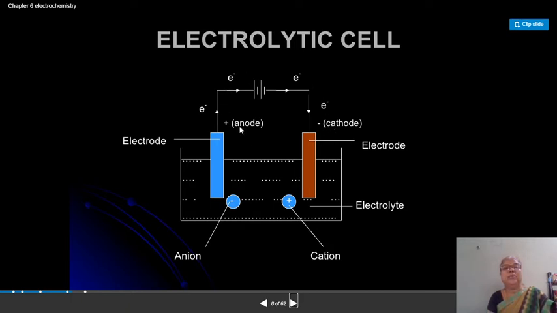And this process is called electrolysis. Remember well, the migration of positive ions towards the negative electrode, that means the cathode, and the migration of negative ions towards the anode, this phenomenon is called electrolysis.